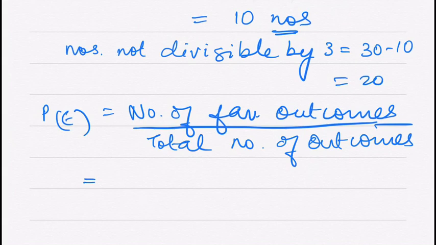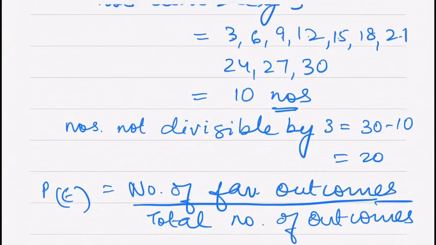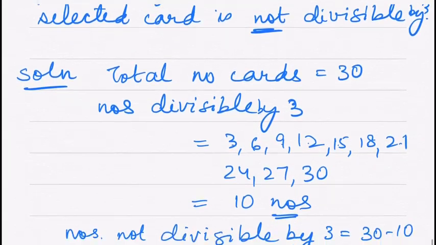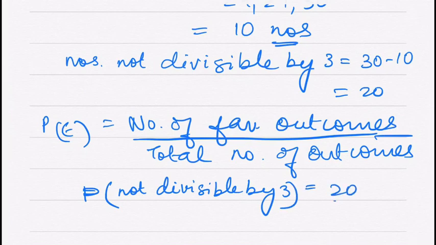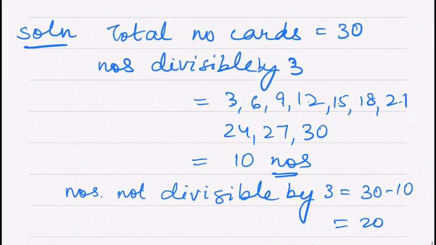Probability of a number not divisible by 3 will be equal to 20 by 30. This and this get cancelled, so 2 by 3 will be my answer.